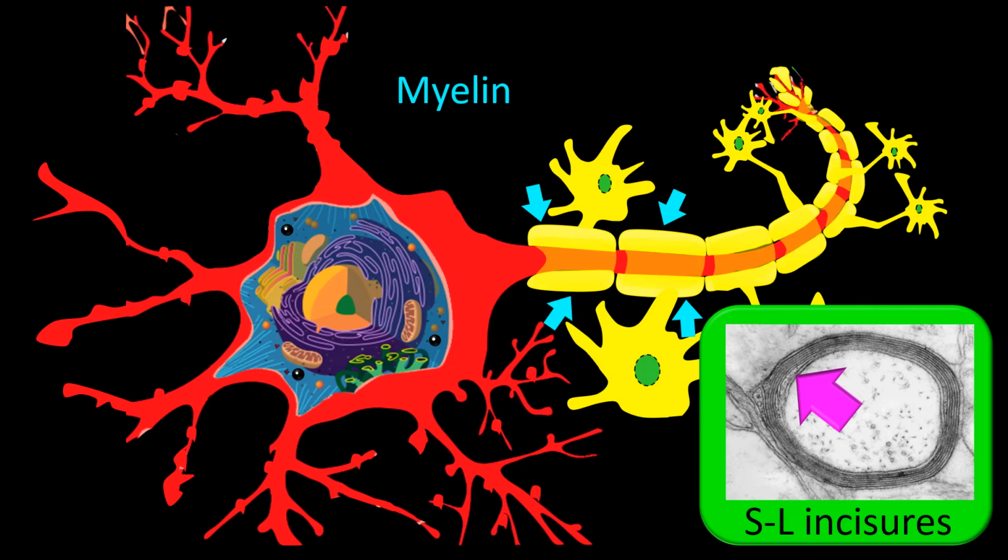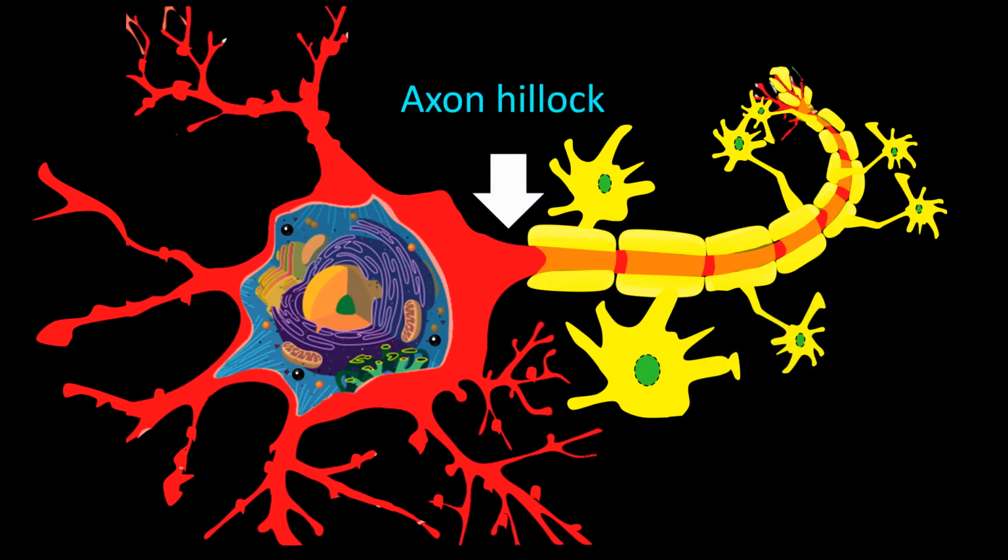These fingers are called Schmidt-Lanterman incisures. Between myelin and the soma, or at the beginning of the axon in unmyelinated neurons, prior to being abutted by oligodendrocytes in the central nervous system, or wrapped by Schwann cells in the peripheral nervous system, we find the axon hillock.